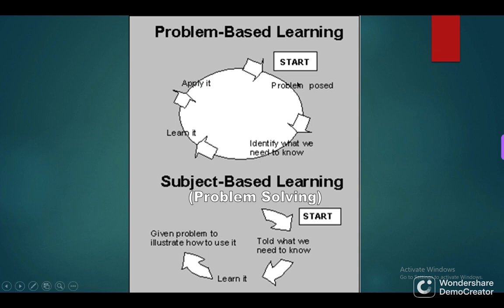In problem-based learning, you have to start with a problem posed, for example, a patient of CLD. Then identify what we need to know about this problem, learn it from books, journals, and seniors, then apply it, and the circle goes on.